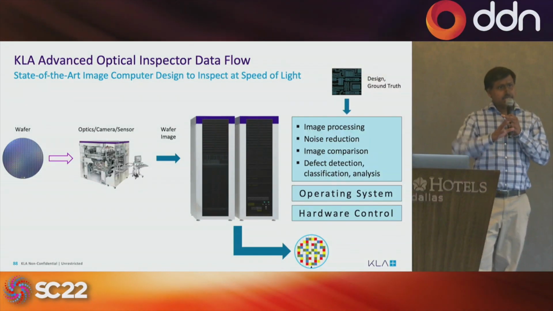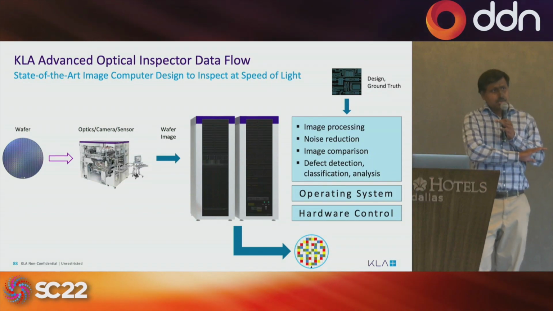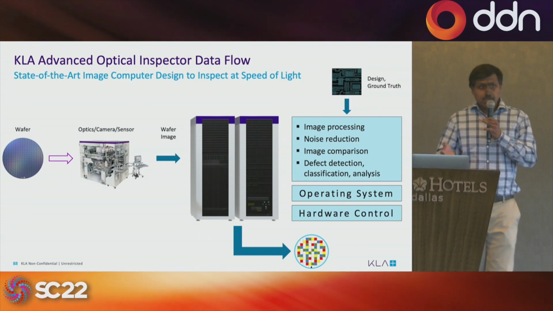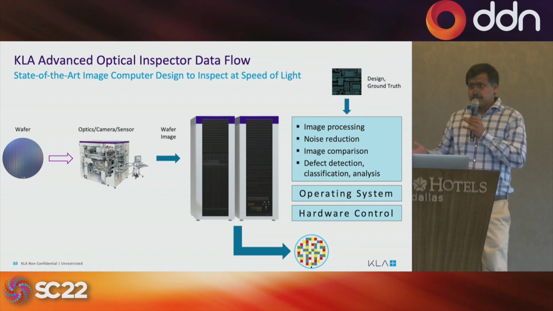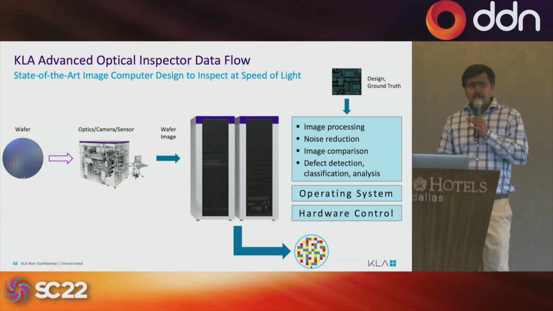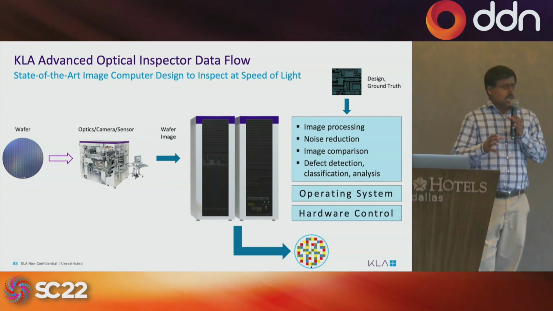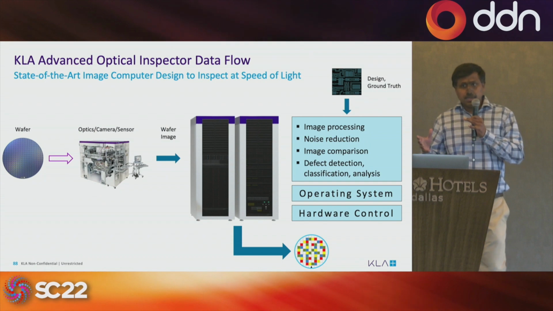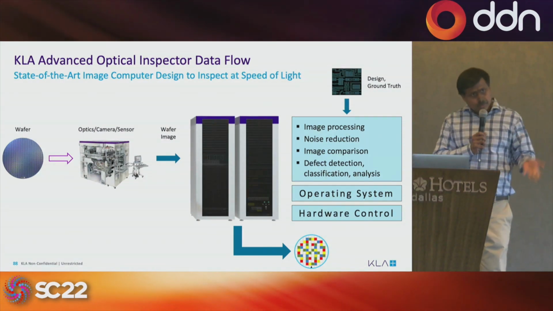All these fabs are high secure areas without air-gapped environments. Logically, there is no network line going in and out. The fabs do not have the 25-year, 30-year HPC experienced admins and file system admins there. It's primarily operators that are there in the fabs. So these machines should just operate on push button mode. As soon as you power on the machine, the master node needs to come up.